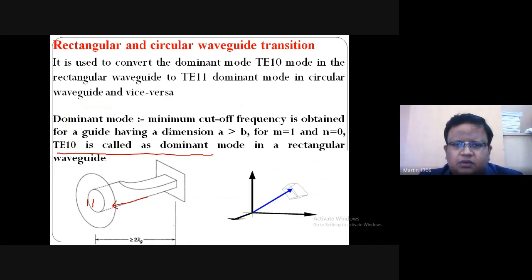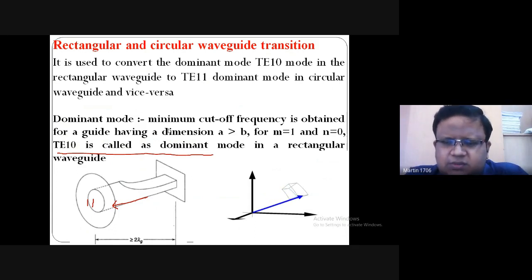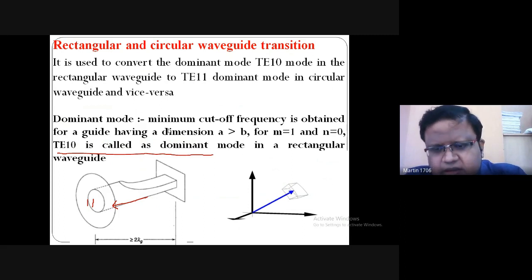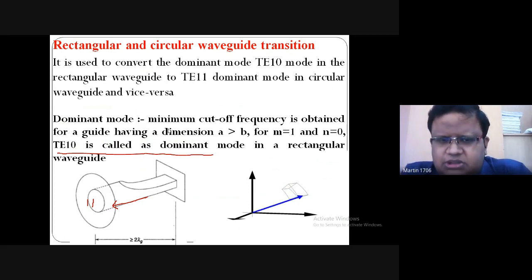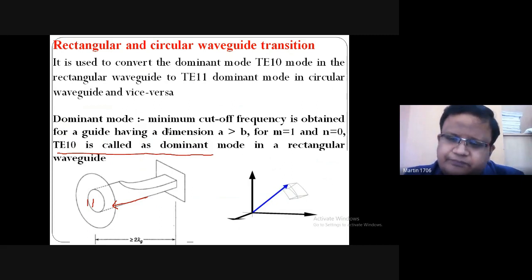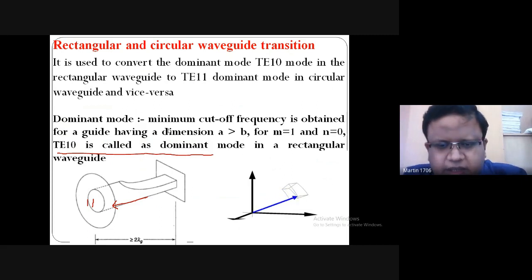In the last class, we also studied the rectangular to circular waveguide. You can see it in a three-dimensional mode, where the rectangle is positioned in three-dimensional space. But the device is like this in real time. Please see the picture that has been given.